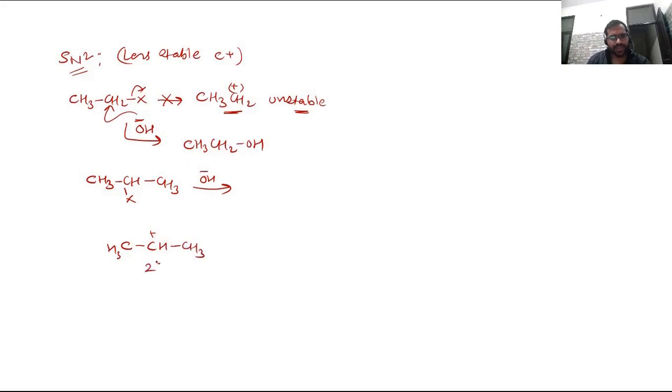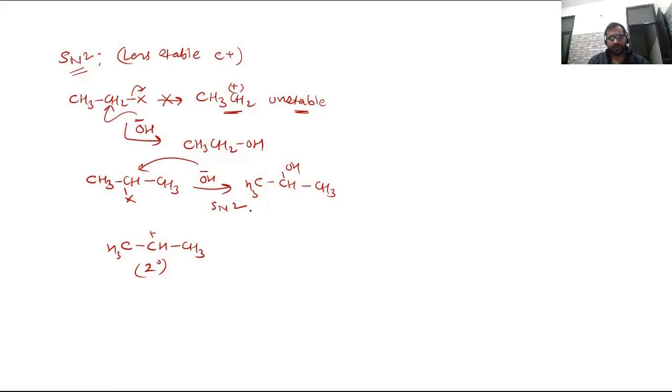This is a secondary carbocation, which is also not very stable, though more stable than a primary carbocation. Because of that, OH minus will attack before this carbocation forms. So we will get CH3CHOHCH3, and that will also undergo the SN2 mechanism.